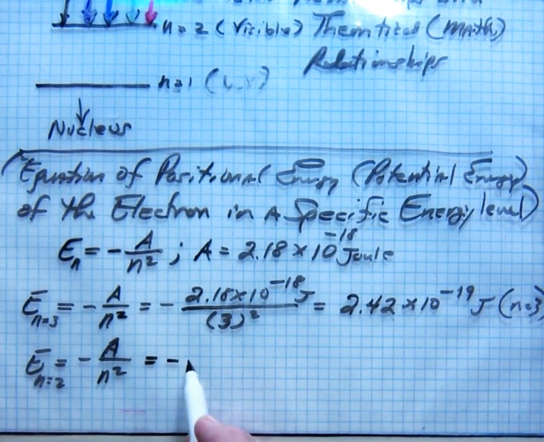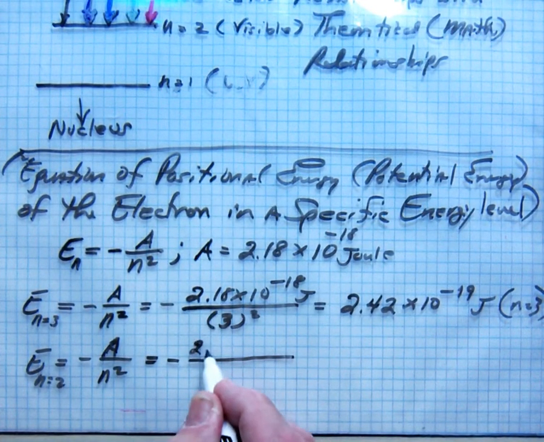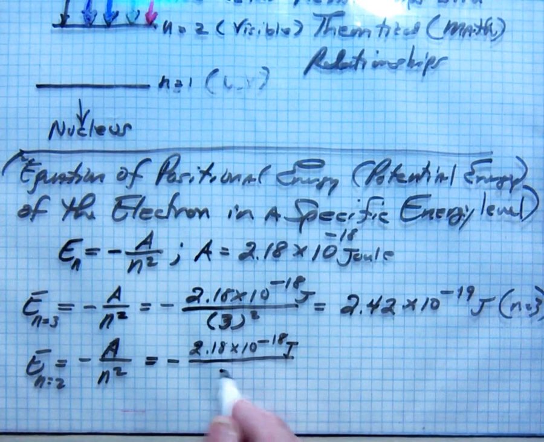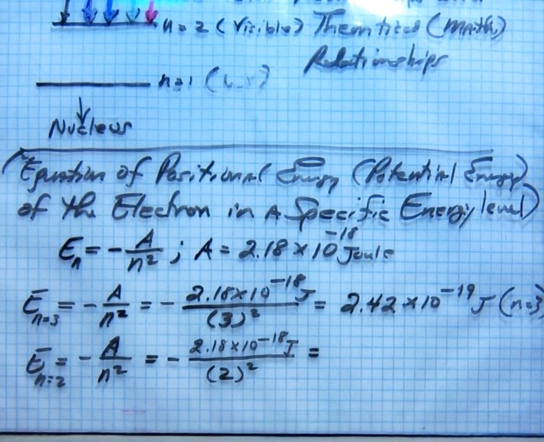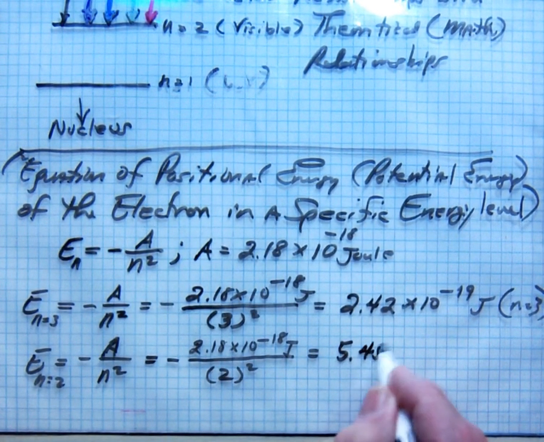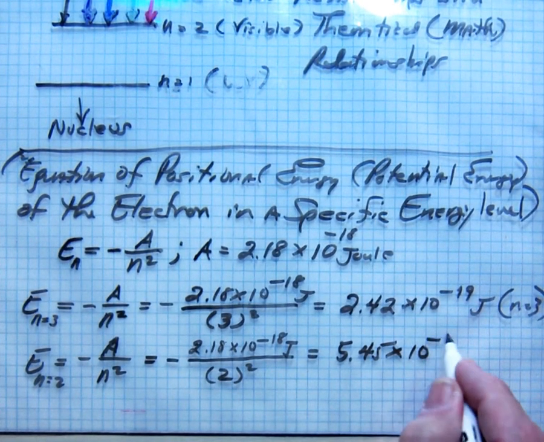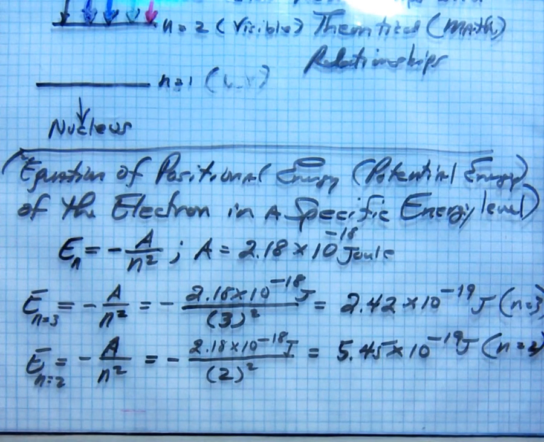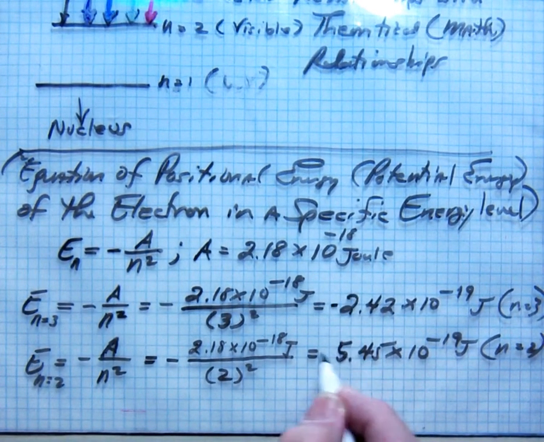Same thing: A is 2.18 times 10 to the minus 18th of a joule over 2 squared. I get 5.45 times 10 to the minus 19th of a joule. That's the energy content while it's in n equals 2. Actually, I should be putting negatives in front of these.